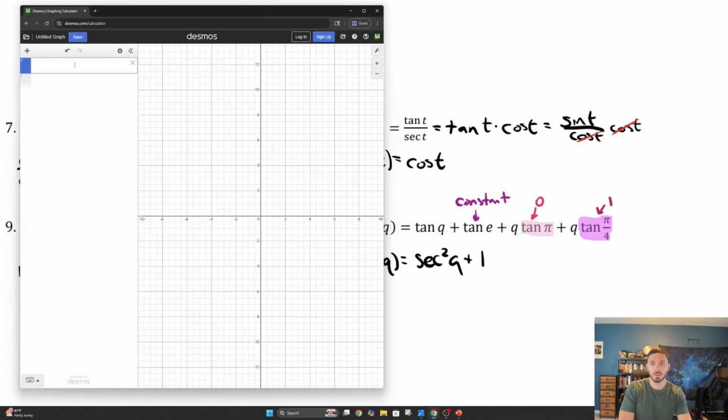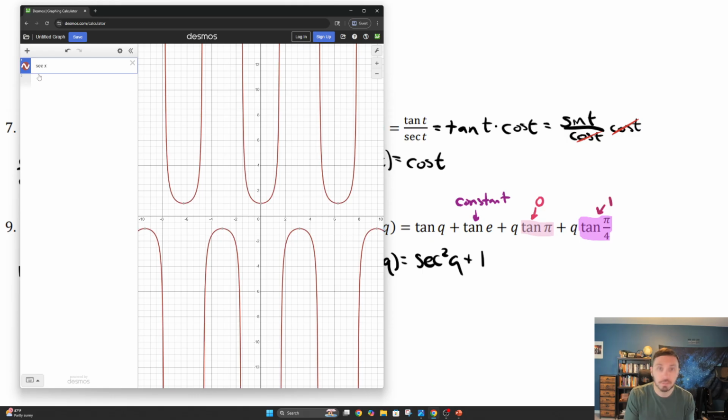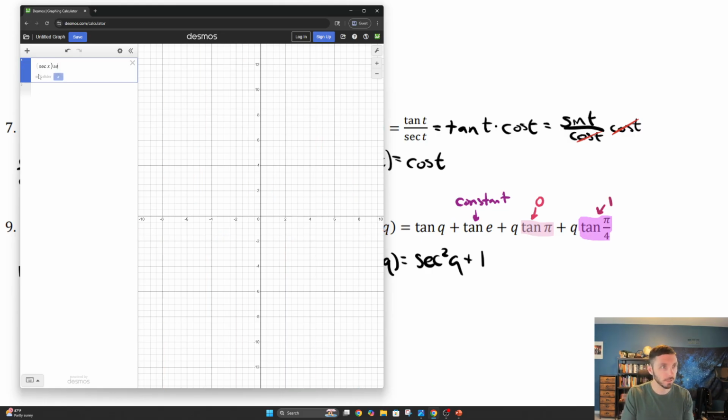So we know that we could just use quotient rule. If I were to run through this, quotient rule would be low-d-high. Low is secant, so this is secant x, times d-high, the derivative of tangent, which is secant squared of x.